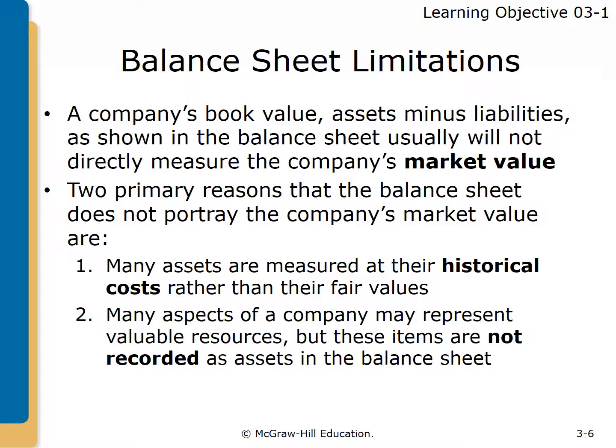There are some limitations on the balance sheet. We know we don't record assets at their market value, so that could be a limitation. Two primary reasons that we don't is because many assets are measured at their historical costs rather than their fair values. Also, there are assets that aren't even recorded on the balance sheet. They're so intangible and they're not purchased.